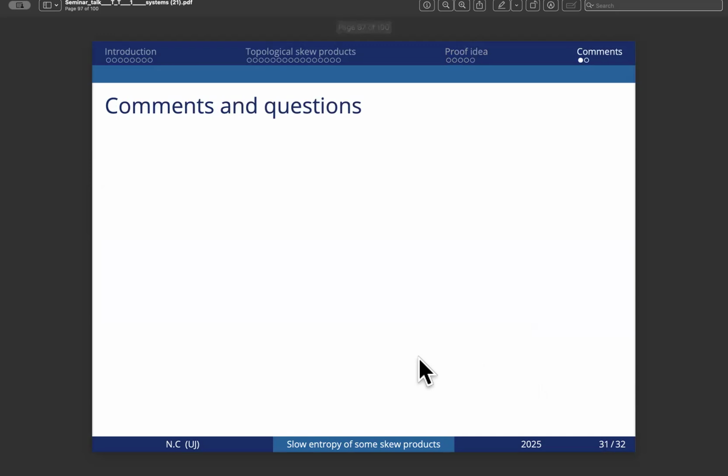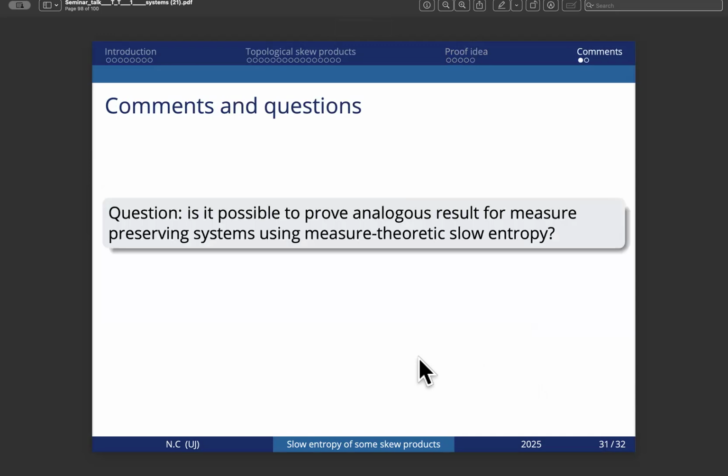So, last comment. Obviously, after these results, a natural question that appears is if one can prove analogous results for measure-preserving systems, but using measure-theoretic zero entropy, because the known results for measure-preserving systems are not proved using zero entropy, they are proved using other things.